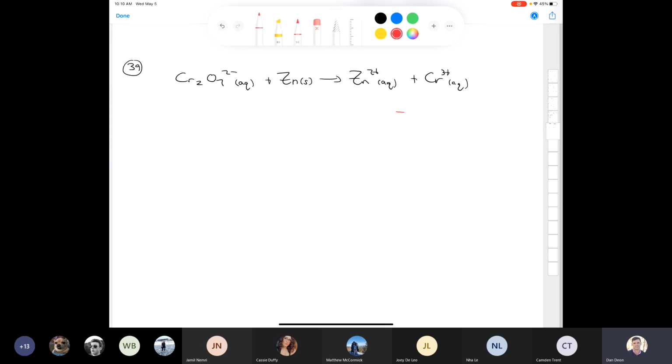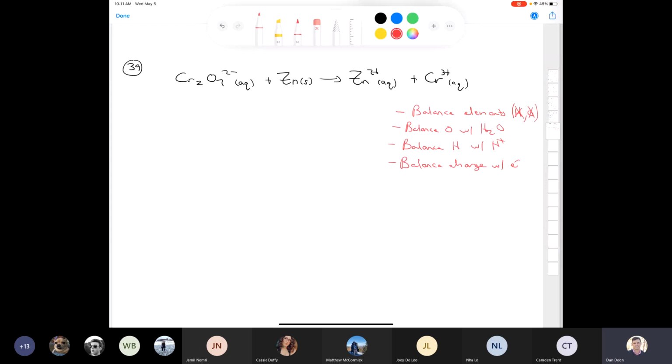Now what were the steps that we wanted to take to balance a redox reaction? We have to balance the elements that aren't hydrogen and aren't oxygen, step 1. Then we're going to balance oxygen with water molecules. Then we're going to balance hydrogen with protons. And then we're going to balance charge with electrons.